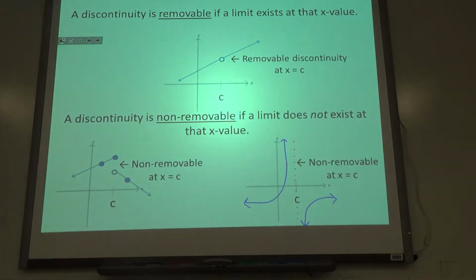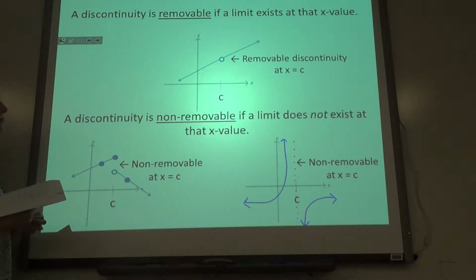That would be another example of a non-removable discontinuity at x equals c. C can be anything, but we're just showing you in general what could happen. Removable, the limit still exists, but non-removable, the limit does not exist. Kind of going with condition 1 and condition 2 of continuity.